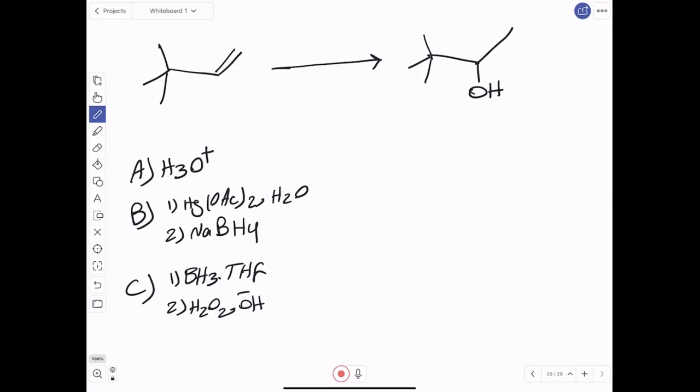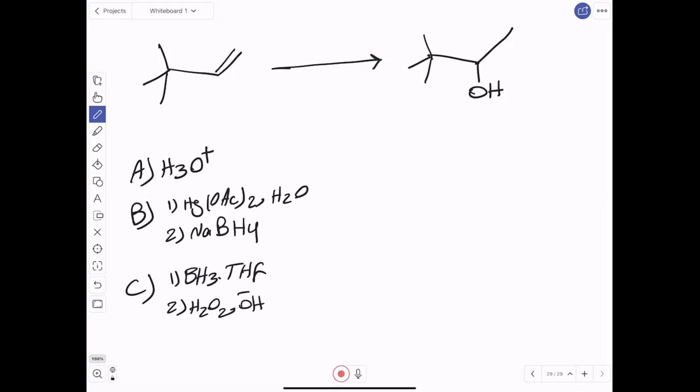Is it Markovnikov or anti-Markovnikov? It's Markovnikov. So A and B.